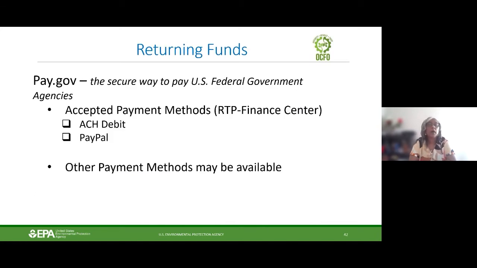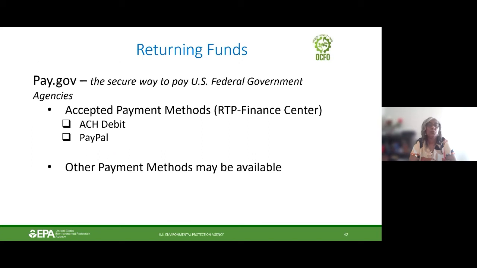So if you are utilizing pay.gov, which like I said, is the preferred and recommended method by the EPA, there are two accepted payment methods for the RTP Finance Center. One is an ACH debit, which utilizes your banking information to make the payment.